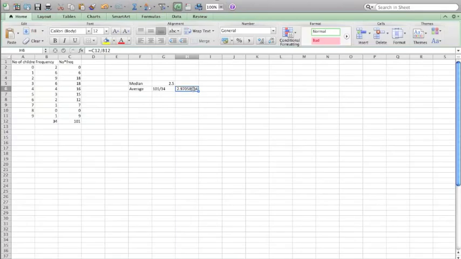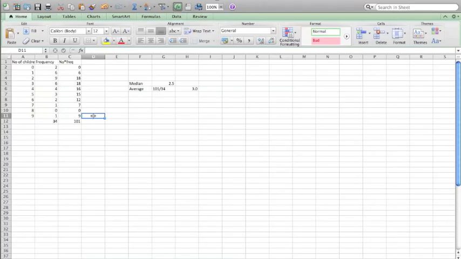So the Excel says that the average is 2.97. Now, how do I know I'm correct? And it rounds off to 3. Well, there's also an average function. Okay? I'm not going to do that now, but that's the way you do it for columned data.